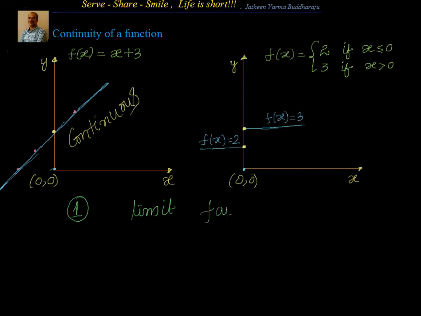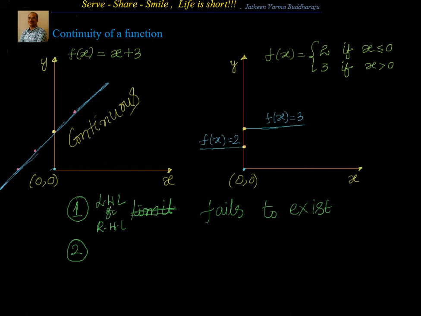What is the meaning of that? One of the limits, either the left hand limit or the right hand limit, fails to exist, because if one of them exists and is equal to f of a, then we can say it is continuous on that side.